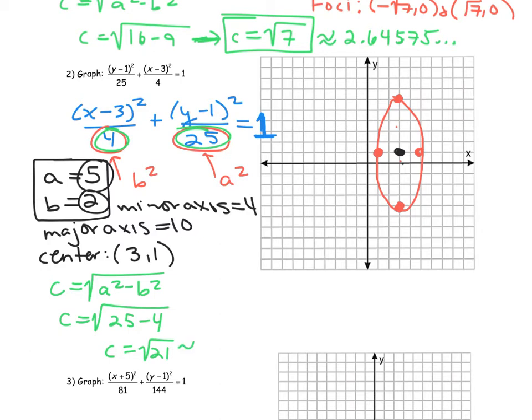And this is approximately, if you want to think about that in terms of decimal values, 4.58. So I'm going to travel 1, 2, 3, 4.5 roughly. So there's one focus. Go down 1, 2, 3, 4.58-ish. There's my other focus.